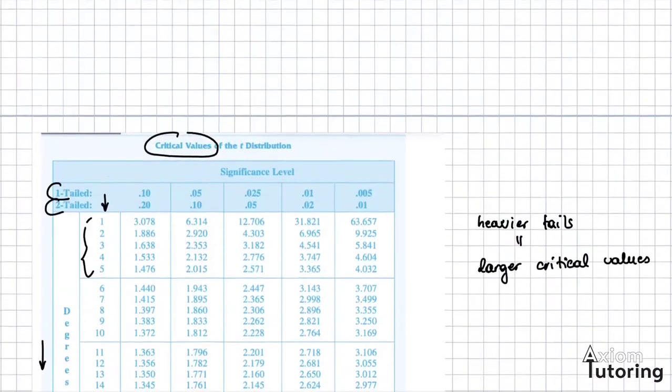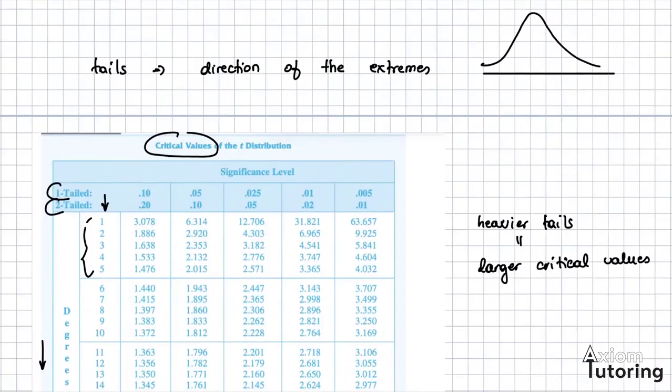So with the tails, we're looking at the direction of the extremes. If we have the t-distribution looking like this, are we looking at extremes on this side, where we have the negative numbers? Are we looking at extremes on this side, or are we interested in the extremes regardless of the positive or negative side?